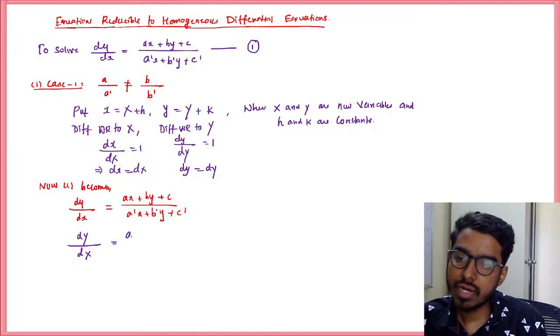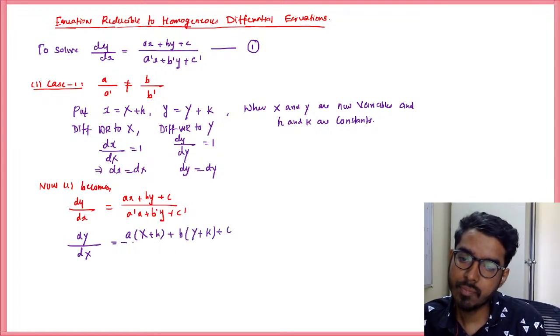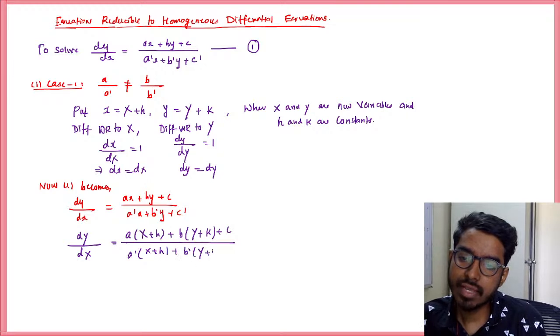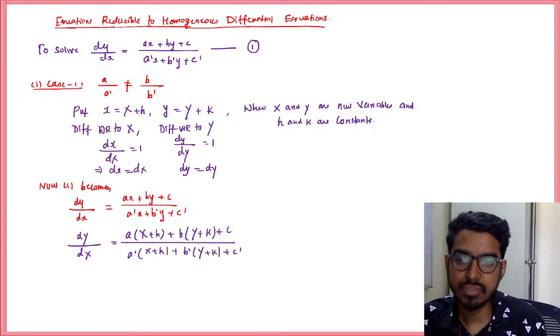Now ax, what is x? It is capital X plus h. b into y is capital Y plus k, plus c, divided by a dash into capital X plus h, b dash into capital Y plus k, plus c dash. Right?